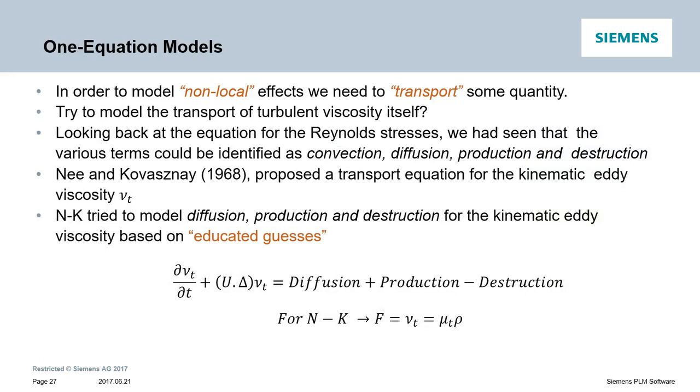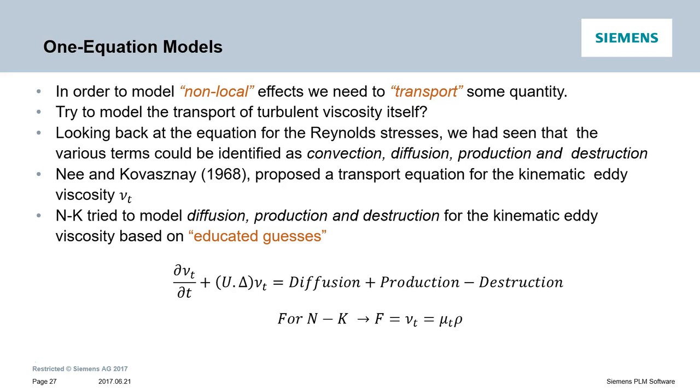So in order to model non-local effects, we need to transport some quantity. And since we are working with eddy viscosity, why not transport the eddy viscosity itself? And from our derivation of Reynolds stresses earlier, we learned that it had convection, diffusion, production and destruction terms. So Nee and Kovasznay proposed a transport equation for the kinematic eddy viscosity.